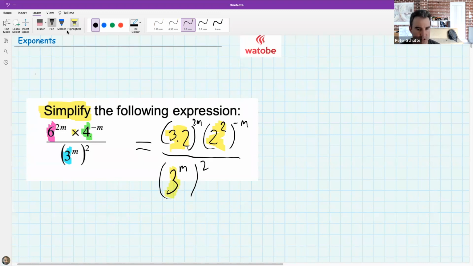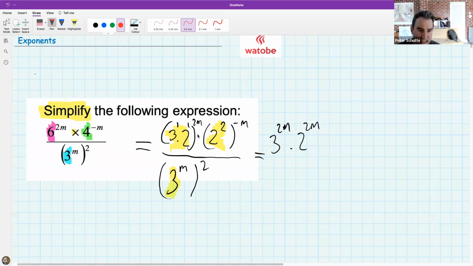Okay, that was a very good tip. Now, the next thing I need to do is break apart these things inside the bracket, and I'm going to use law 3. The way law 3 works is if you've got powers on numbers and you've got powers outside the bracket, you simply multiply the two powers together. So what I'm going to get is 3 to the 2m, 2 to the 2m.